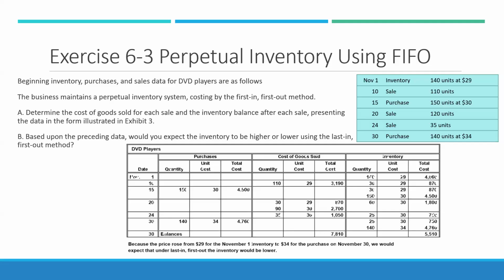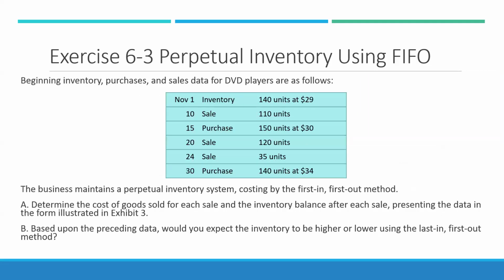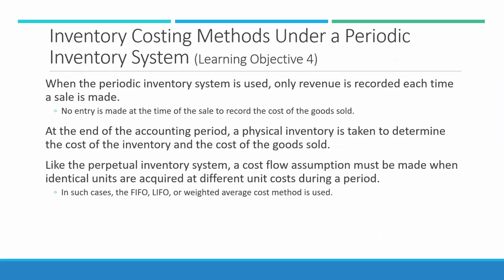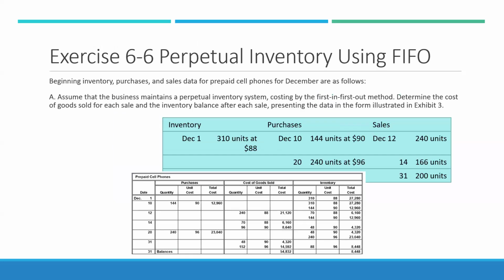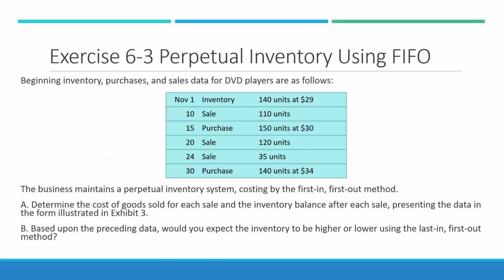I believe that they should not impact. Oh, this is a perpetual example. Okay, well, we'll go through some more perpetual examples and we'll go over the periodic later then.